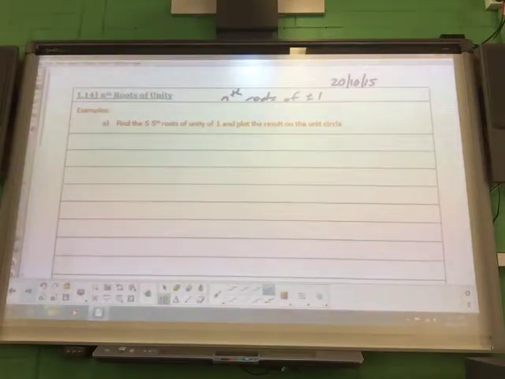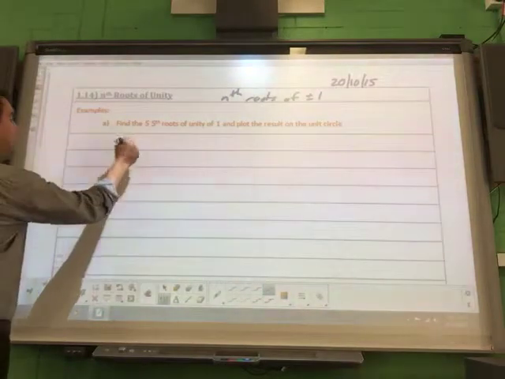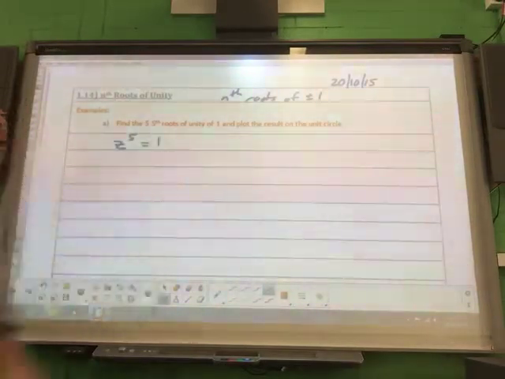Right, so find the 5 fifth roots of unity of 1 and plot the results on the unit circle. So when you're told the 5 fifth roots, we're saying that z to the power of 5 is 1.